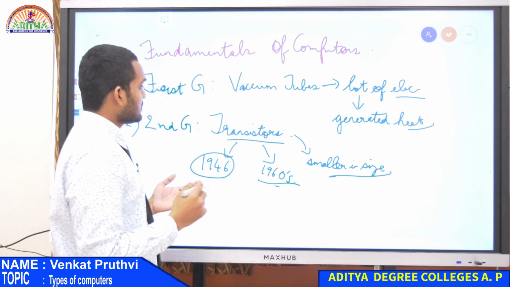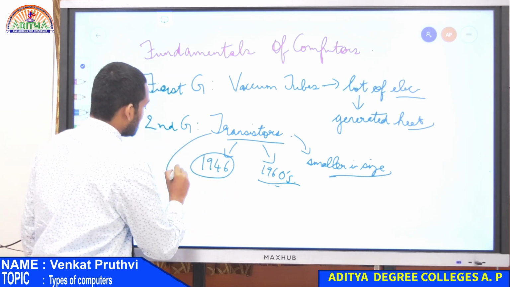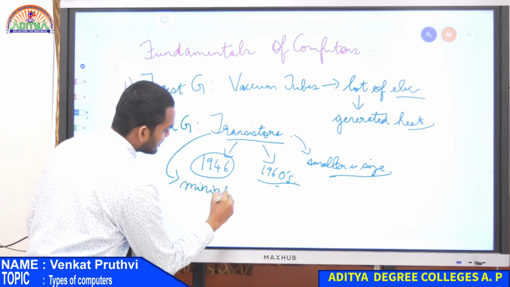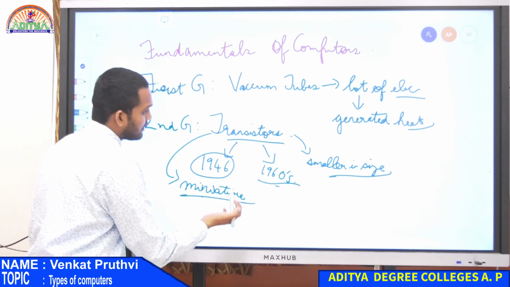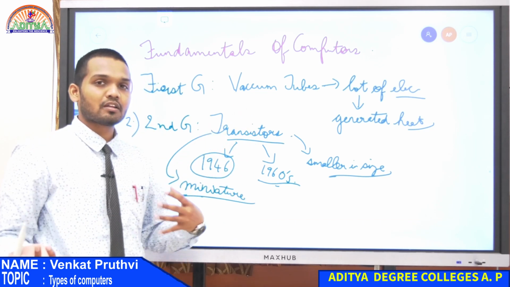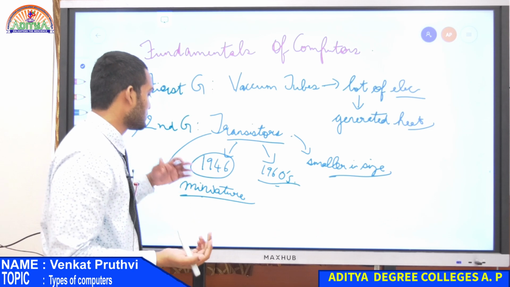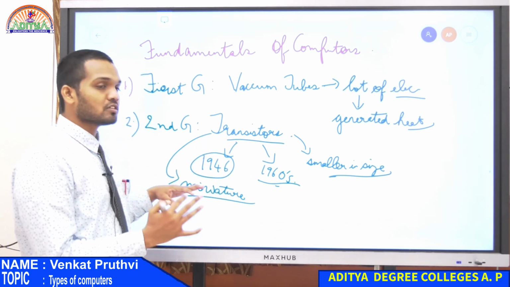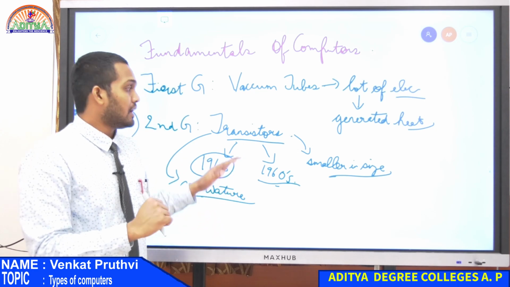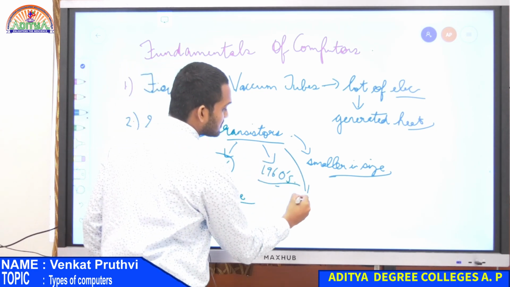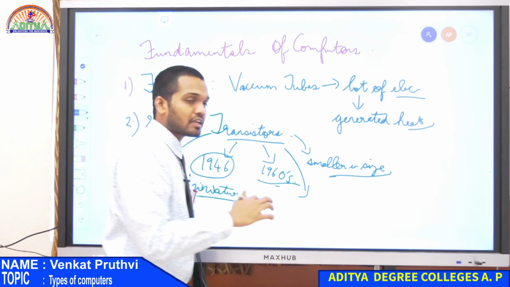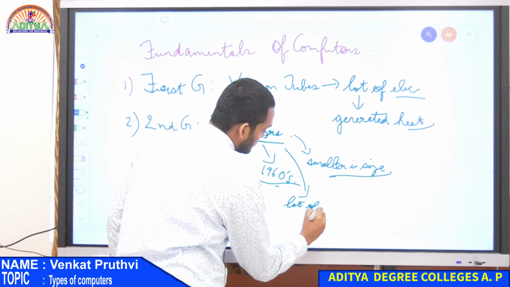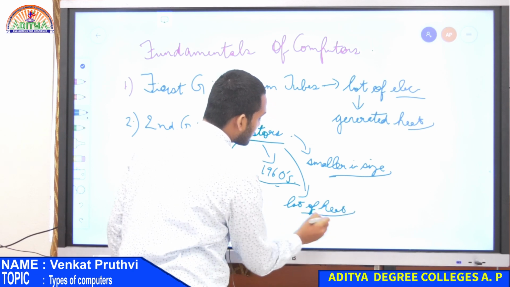The third thing is they brought in a miniature kind of design. Vacuum tubes required so much space, but transistors didn't require that much, though they still occupied a little space. But the problem with transistors was the same thing: they were also generating a lot of heat.